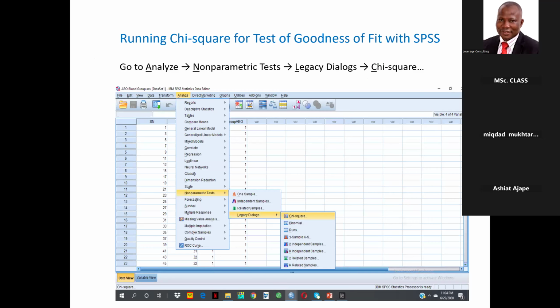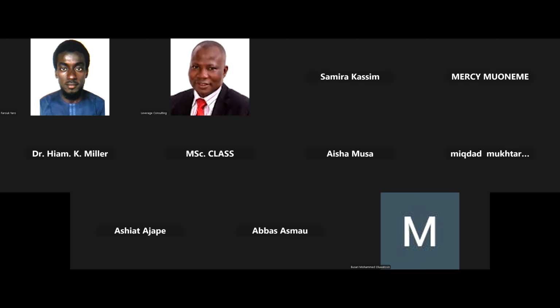Who will share? There is a data set, the ABO blood group. Who will share it? Okay, let me try.